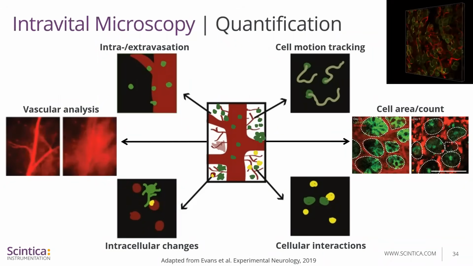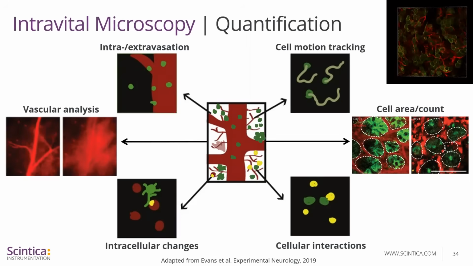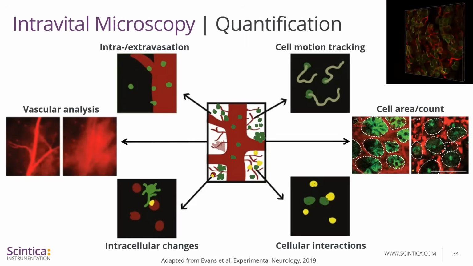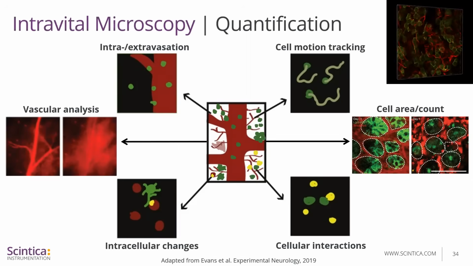So depending on your needs, the type of images you've acquired and the type of software you have access to, there really are a multitude of options for quantification, giving you the information you need to be able to conclude something about your research question.